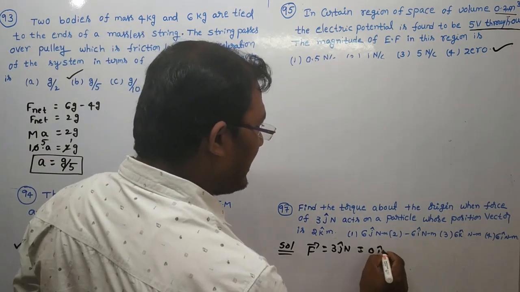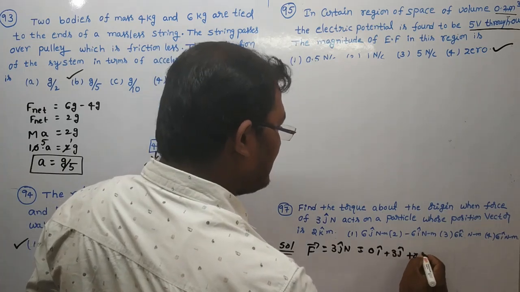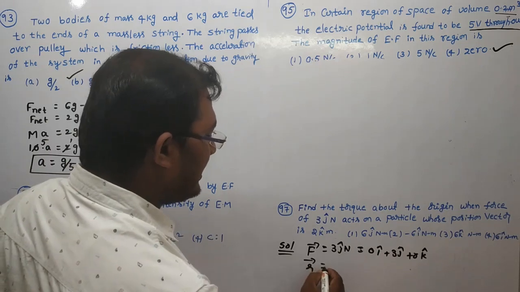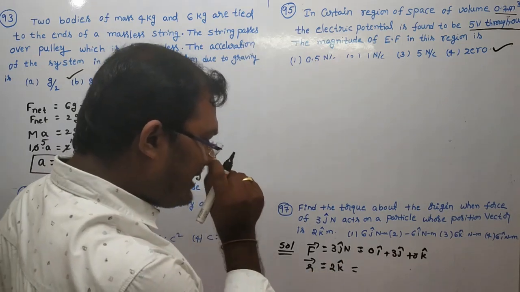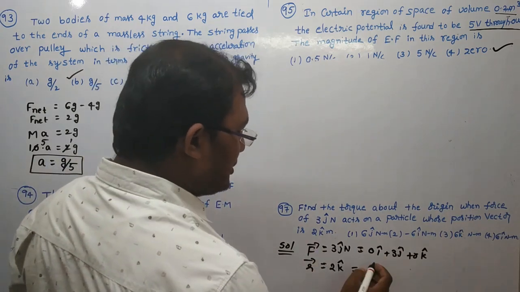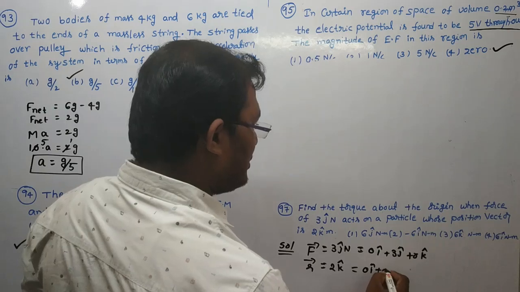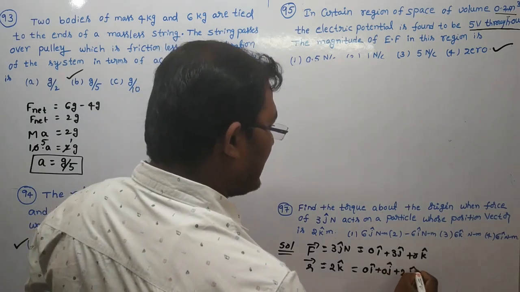Therefore 0 i cap plus 3 j cap plus 0 k cap, and position vector r bar equal to 2 k cap. In position vector the x and z components are zeros. 0 i cap plus 0 j cap plus 2 k cap.